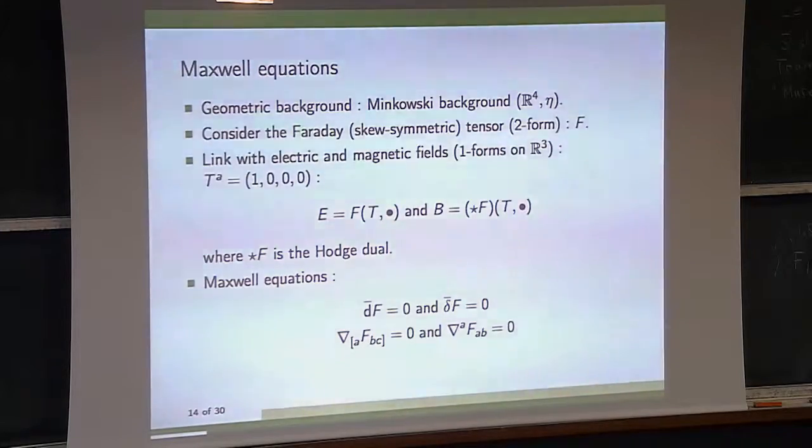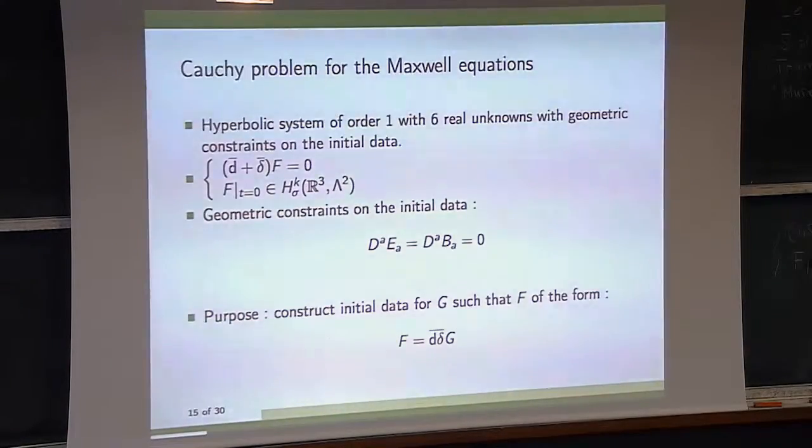And the Maxwell equation can be written d bar F, delta bar F. So the d bar and delta bar just mean spacetime. So 3 plus 1. In a minute, there will be no bar because I will be on a spacelike slice. And the Maxwell equation can also be rewritten in this way. OK? So more specifically, what I'm interested in, this thing here is a hyperbolic system with 6 real unknowns.